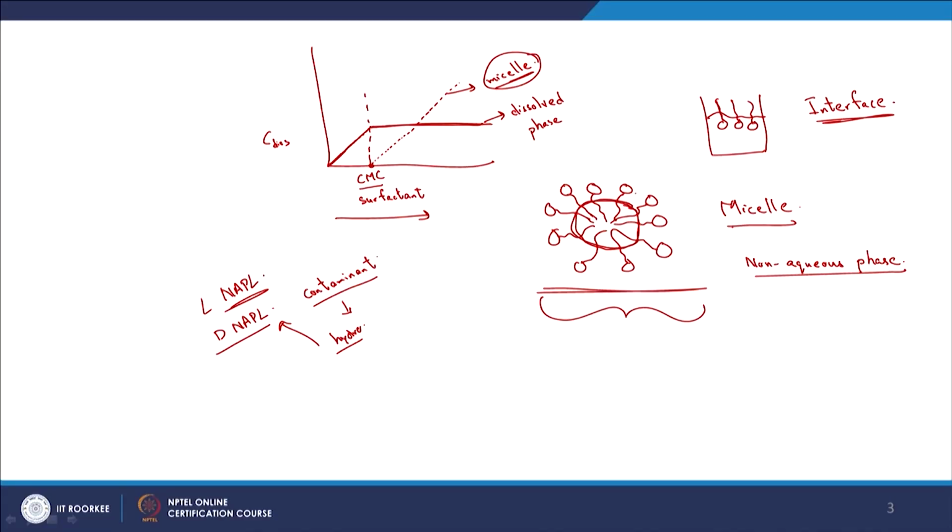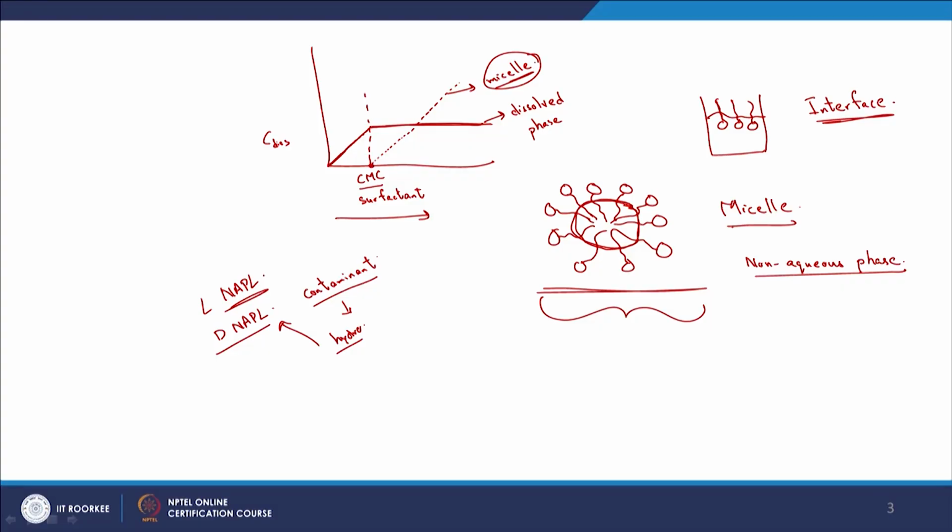So, what is the relative importance here? The key is that now that you have a non-aqueous phase, let us think of it this way: what is the driving force for this contaminant to be adsorbed onto soil? It is that you have organic fraction in the soil, which acts as a reservoir for these hydrophobic compounds.